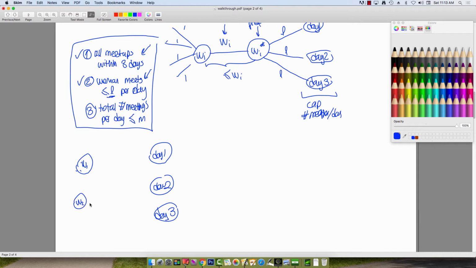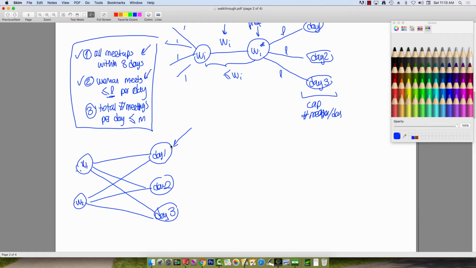And we will basically generalize this over all the women. So each woman is going to be spreading their meetups between 3 days, and this information basically allows us to categorize all the meetings per day.